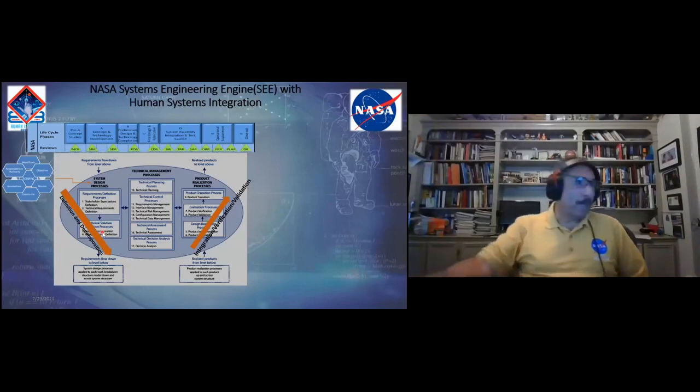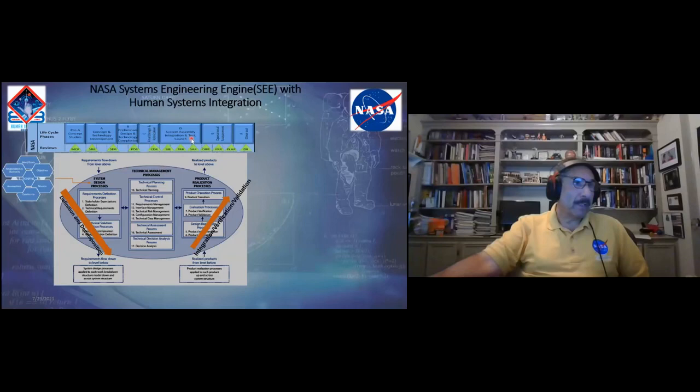Up here at the top is basically the life cycle of a project, starting from concept and technology development, preliminary design, final design and fabrication. The biggie there is critical design review, because that point is a formal review of the final system that's going to be developed for flight.